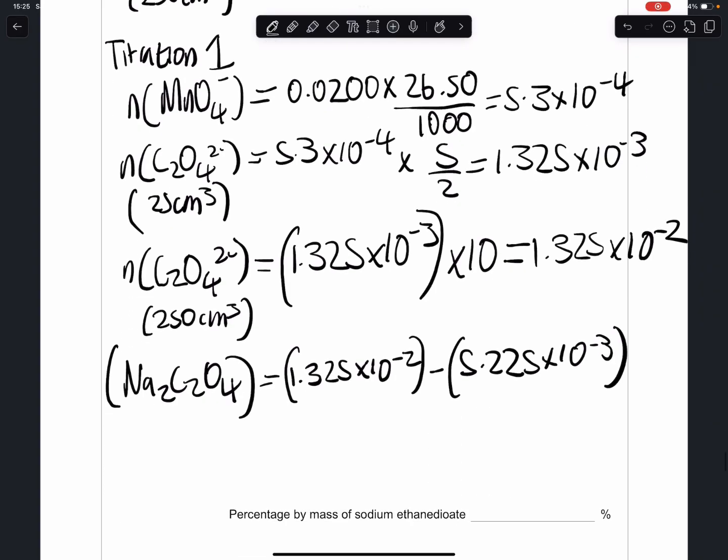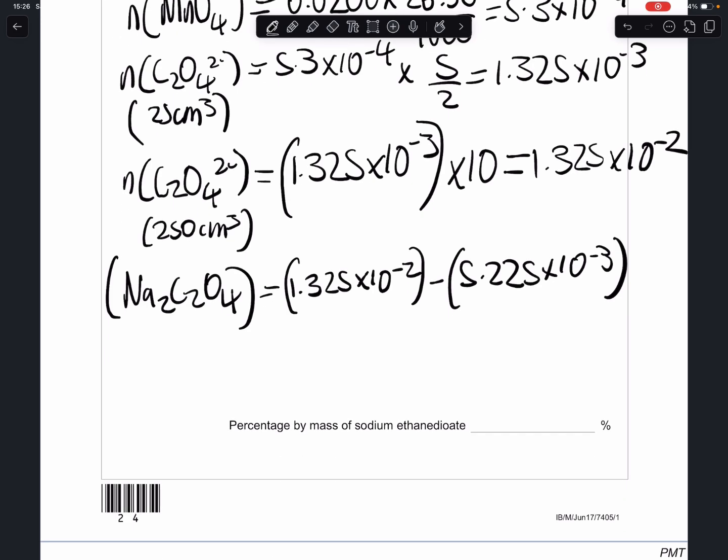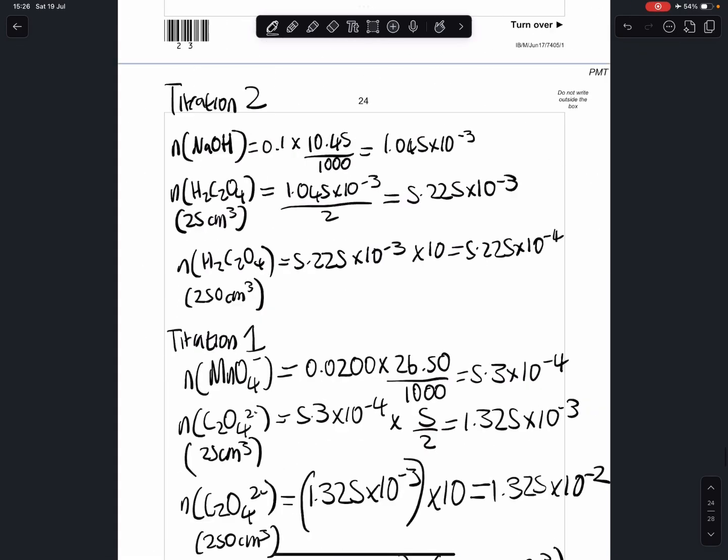If you put that into your calculator, you'll get your moles of Na2C2O4, and that will give you your answer of 8.025 times 10 to the negative 3. So that is our moles of Na2C2O4 in the white solid.